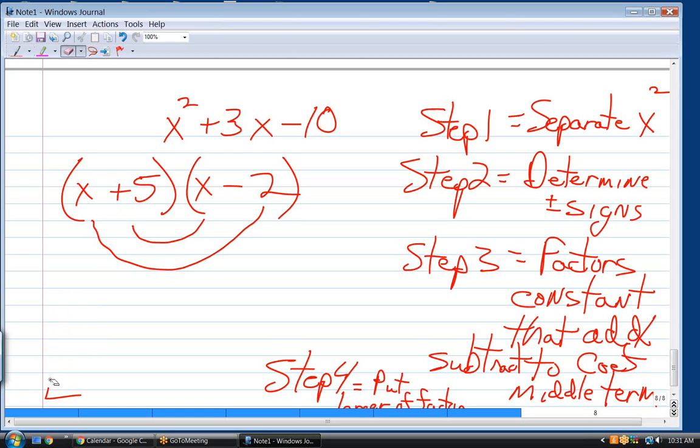Those two combine to create that middle term. So that's the one I'm really concerned with. So 5 times x is plus 5x. Minus 2 times x is minus 2x. Add those together, you get plus 3x. That is our middle term. We did it correctly.